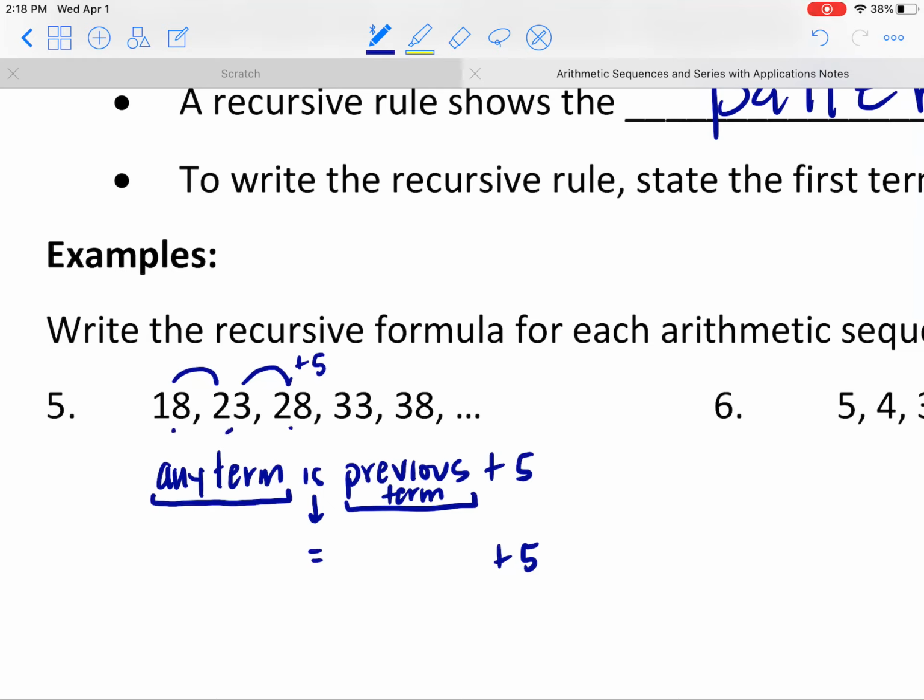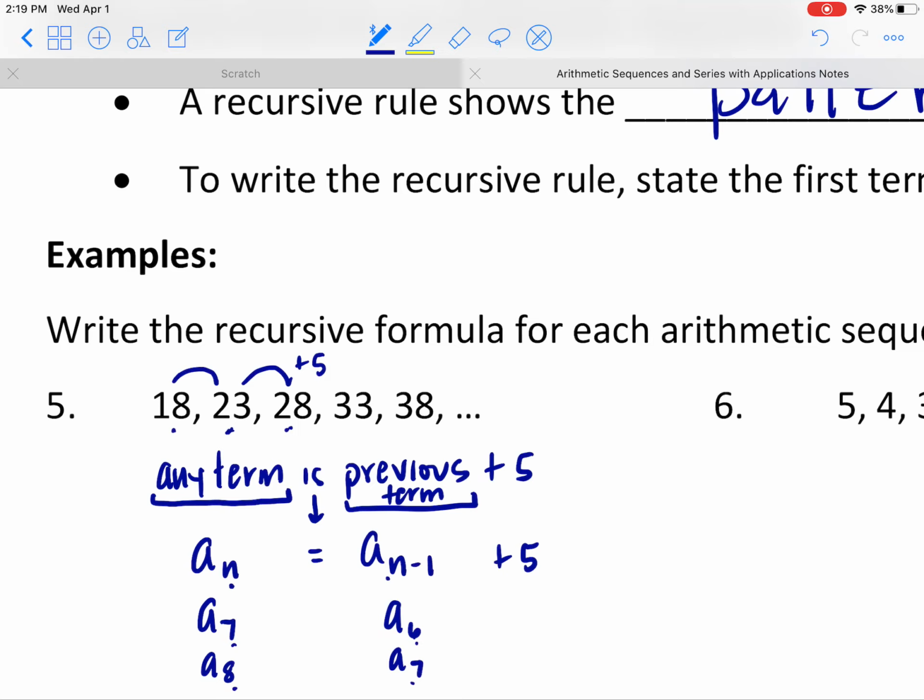So any term on this list, as we saw in our explicit formula, we could say is a sub n. The question is, how do I say the previous term? Let's say it was the 7th term, the previous term would be the 6th term. Or if it was the 8th term, the previous term would be the 7th term. So if any term we're looking for is n, the previous term is 1 less. 7 then 6 is 1 less, 8 then 7 is 1 less.